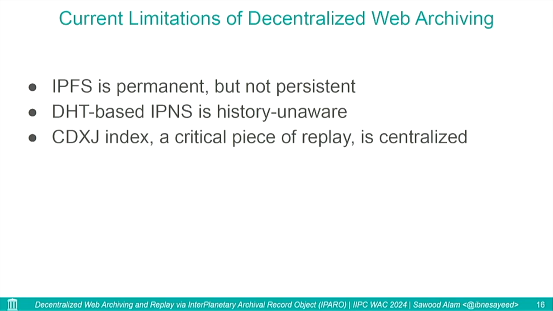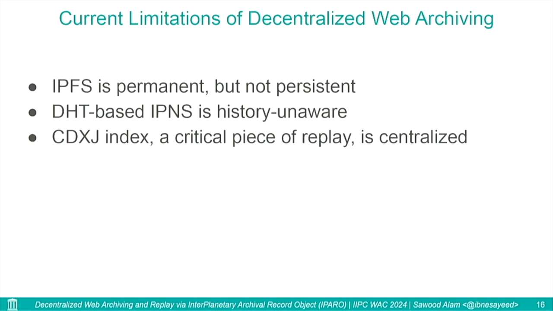That one is history unaware. So if example.com/logo.png resolves to hash 1 at some point, and then changed to hash 2, the system now forgets about hash 1, that at some point in the past it was so and so.